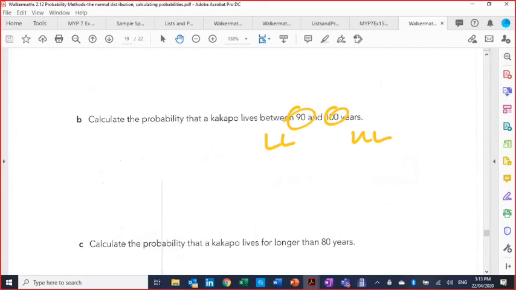Longer than 80 years means a lower limit of 80 years, so you'll put an upper limit of something big. The calculator part of it never changes. Your job is simply to decide which one's the lower limit, which one's the upper limit, and put it into the right spot.